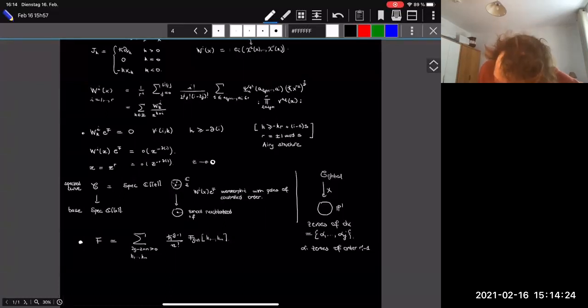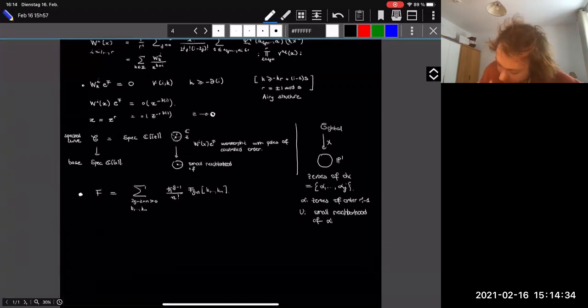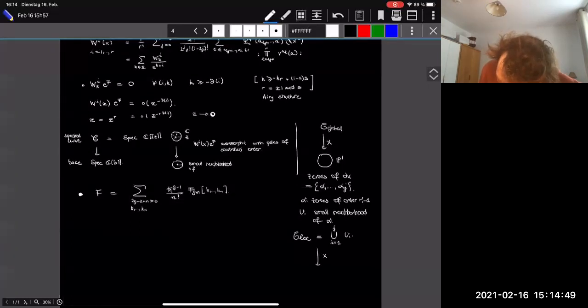Then what I'm saying is take Ui, which is a small neighborhood of alpha I, and then locally your picture, so you have a local curve, which is a union of these Ui, and you can restrict X to be in the union of the X of Ui.